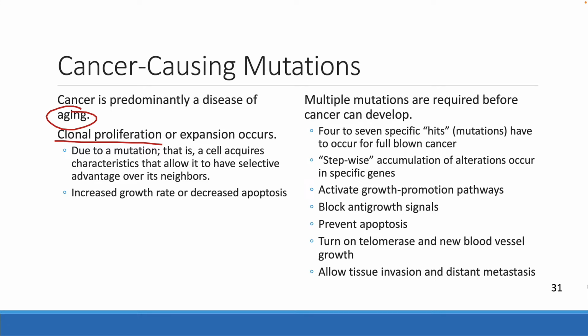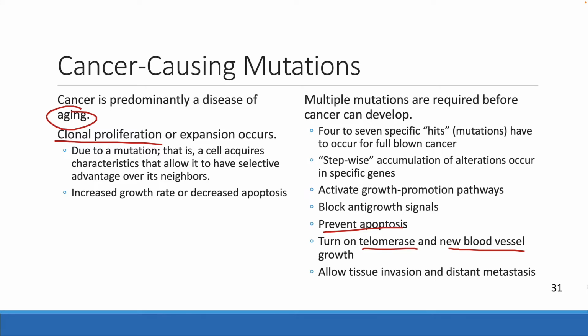There's also blocking of the anti-growth signals, the prevention of apoptosis, as we mentioned, turning on telomerase and an activation of new blood vessel growth. And those things together allow tissue invasion and also distant metastasis as well.